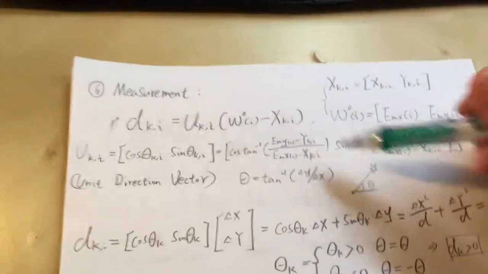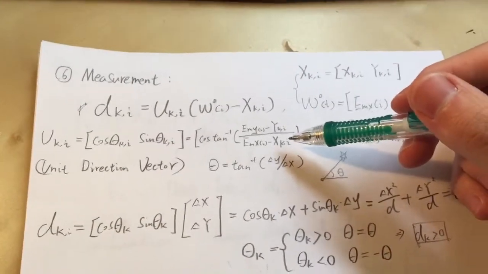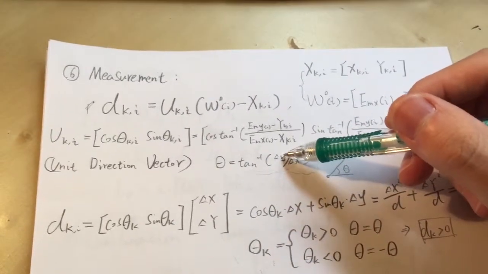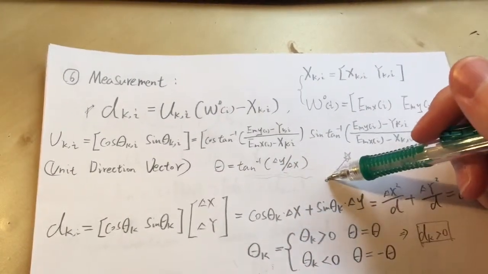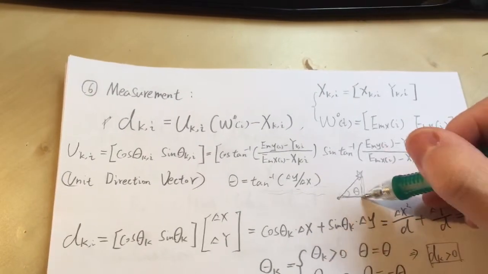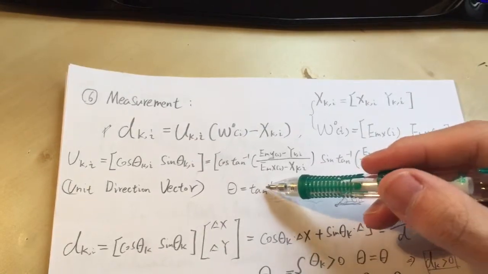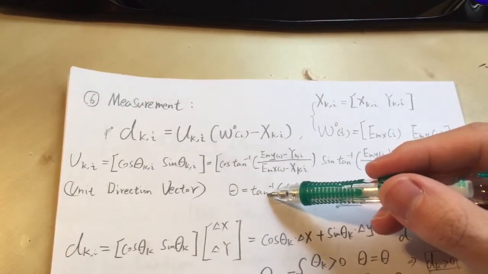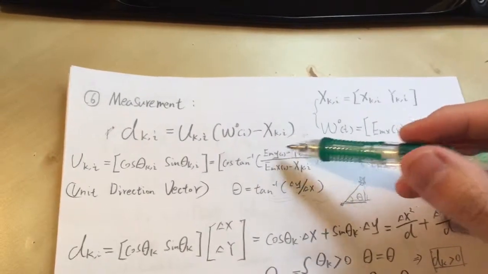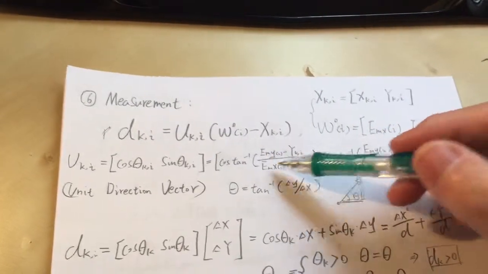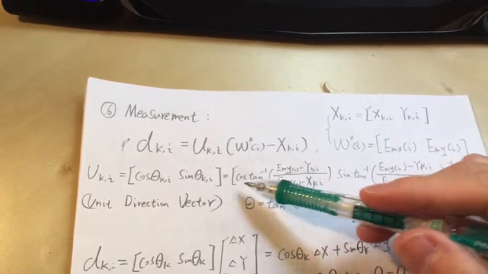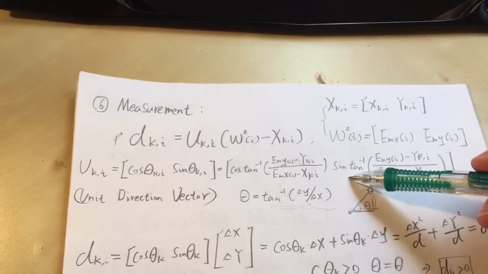To calculate theta, we use this simple method: the difference between the target and sensor, delta y divided by delta x, then using the inverse tangent, we get theta. So this will be used here: emitter y minus y divided by emitter x minus x. This is cosine, sine.